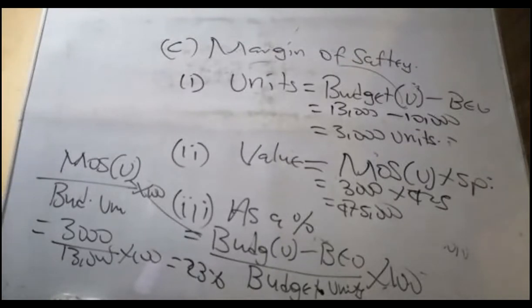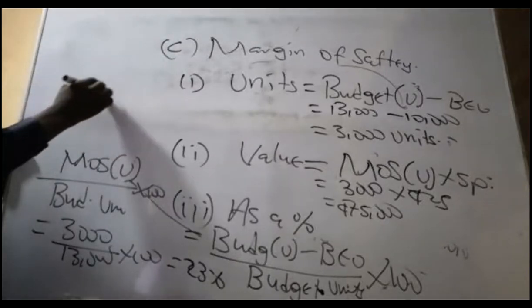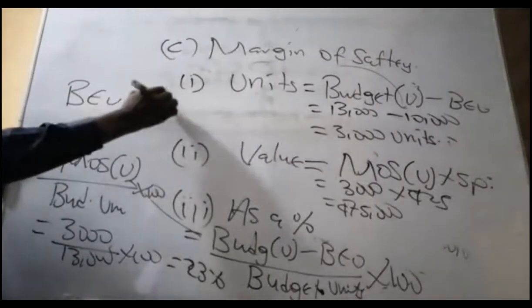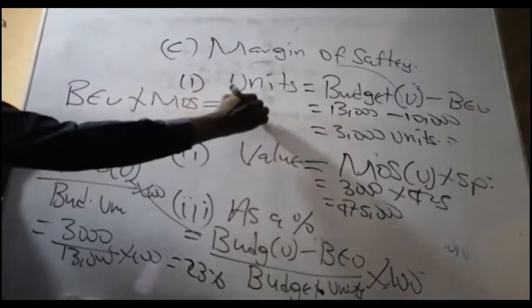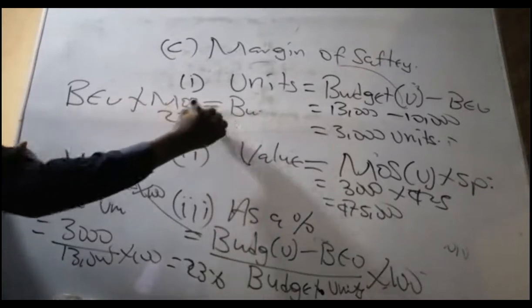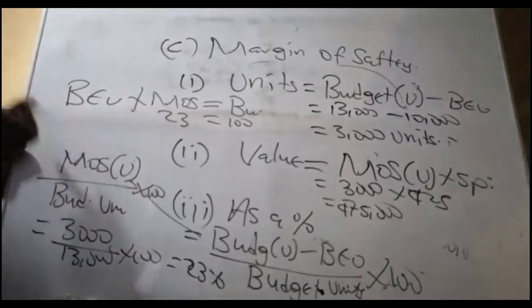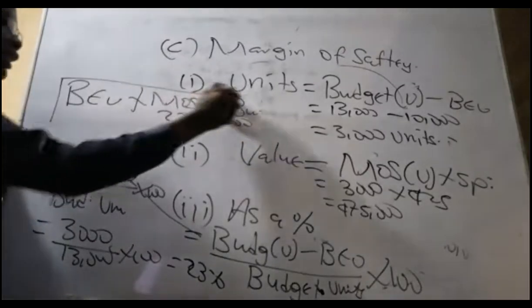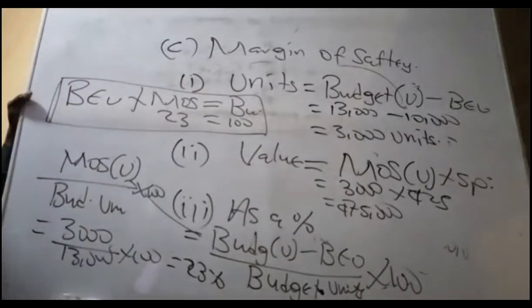Now, the break-even unit plus the margin of safety is always equal to the budget. So if the margin of safety is 23%, the budget is always 100%. What will be the break-even? This section is very important. No book or note will tell you this, but these are the questions we will ask in the exams.